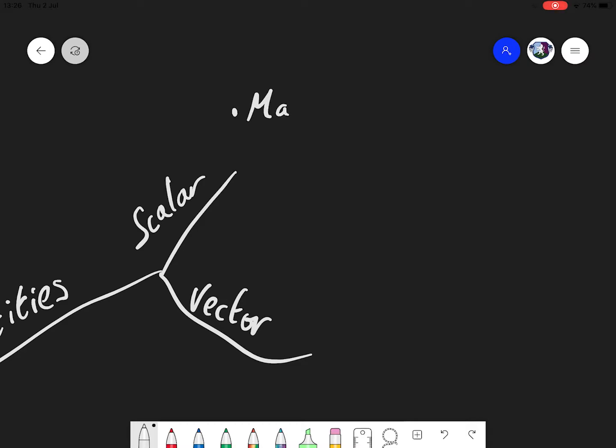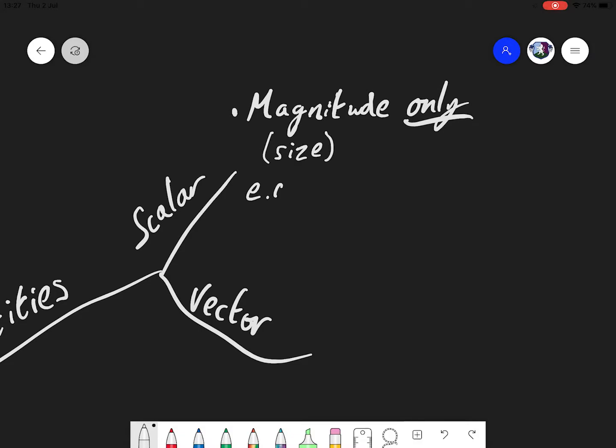So a scalar value has only got a magnitude. Now that means it is just a number without a plus or a minus, just a value. So remember, the word magnitude means size. So something you measure as just a number.